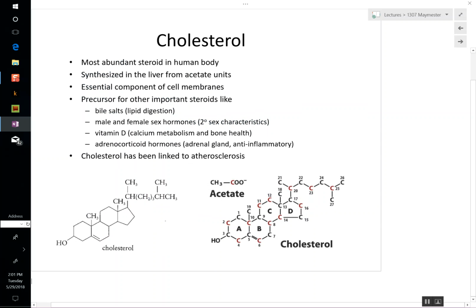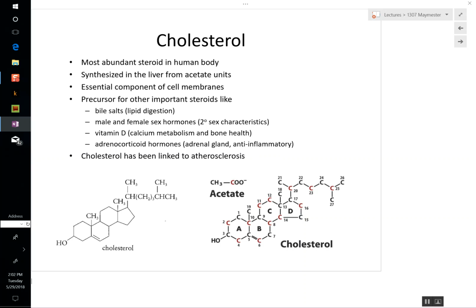All right, the key steroid is cholesterol. Here's your four fused rings. You've got a methyl group here, an OH over there, another methyl here, and this carbon tail up here. That's cholesterol. Here it is more simplified. There's a double bond here.